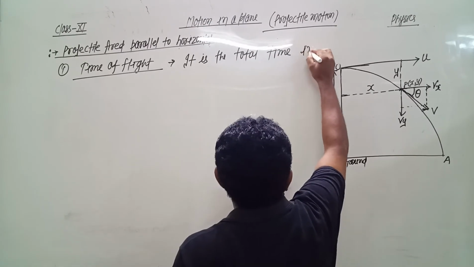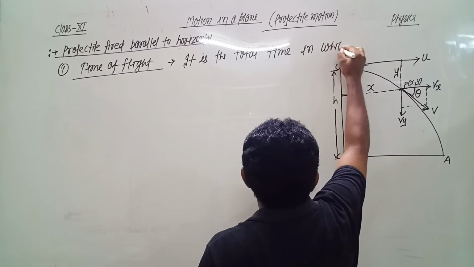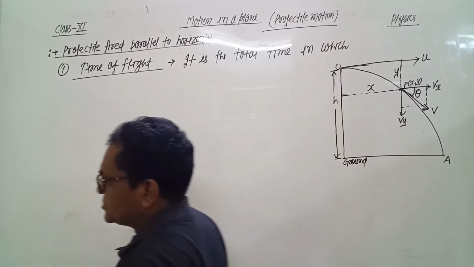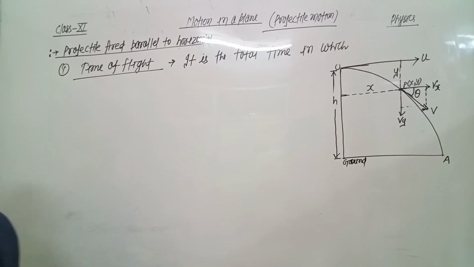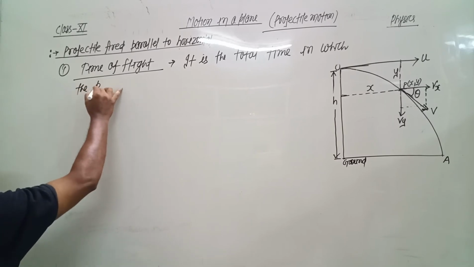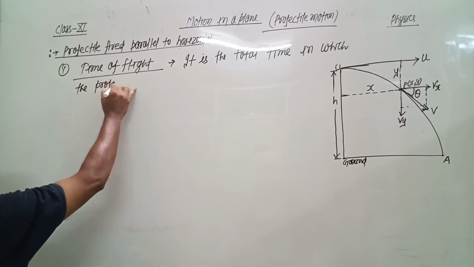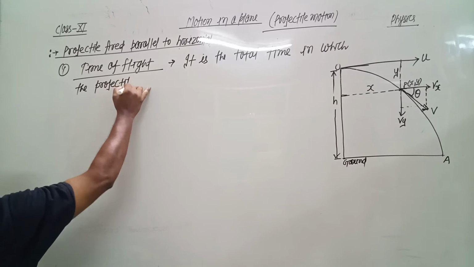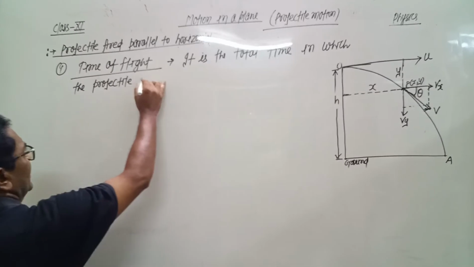Time of flight means total time. So time of flight is the total time in which the projectile remains in flight.